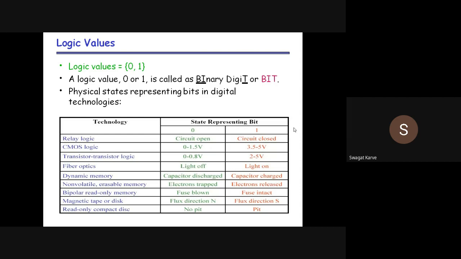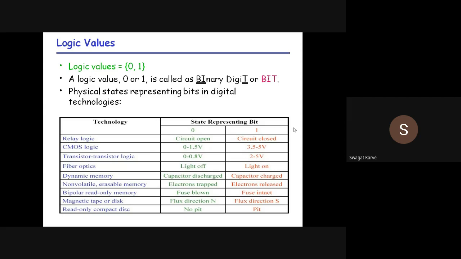Then fiber optics. In case of optical communication, how can you see logic 0 and logic 1? In case of optical communication, logic 0 means there is no light. That means light off. And logic 1 means there is light, right? You may have studied this concept in your optical communication subject. There is a train of optical pulses.